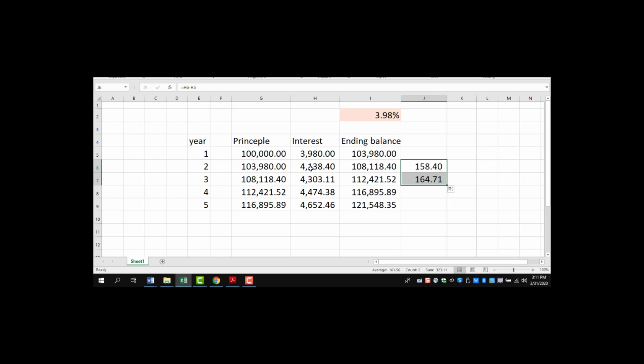This went up from here to here by $164. Etc. So you notice that it's not a constant rate of change. This is an exponential function. It's an exponential rate of change because it's growing each year by a percentage of what it was the year before. So it's kind of the foundation of what exponentials are.